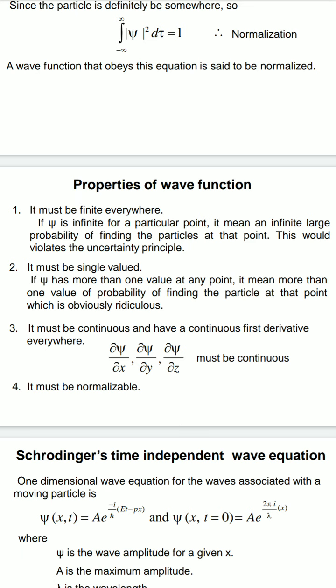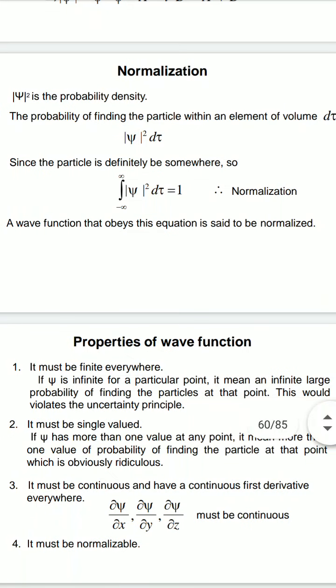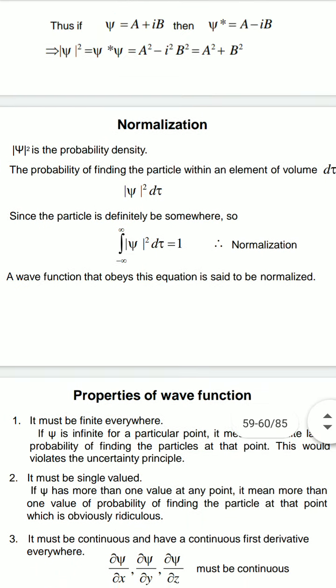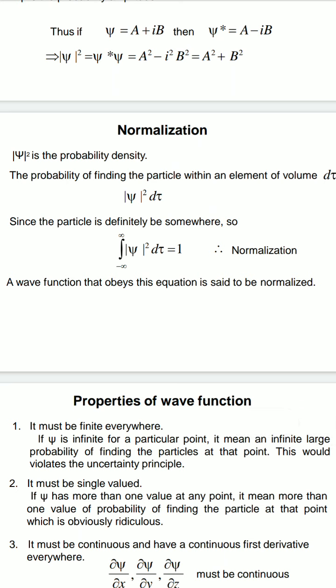So what is normalization? I have said in the previous slide. Normalization means if you are given a wave function, you take its modulus square, psi modulus square d tau, and integrate it from minus infinity to plus infinity. If what you get out of this integration is n square, then n, the square root of n square, will be the normalization constant.